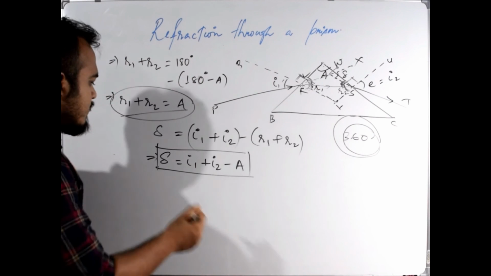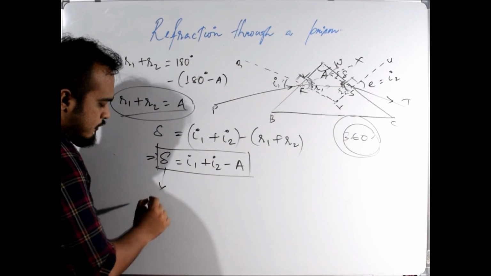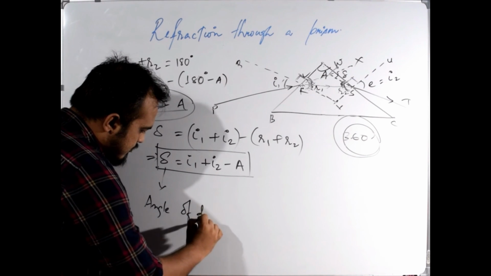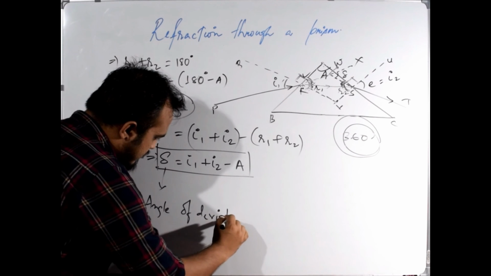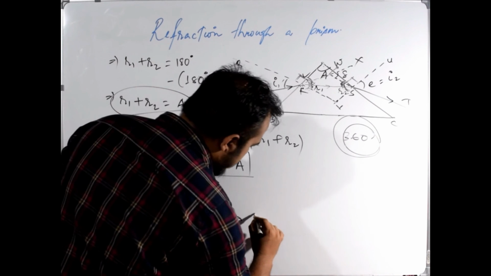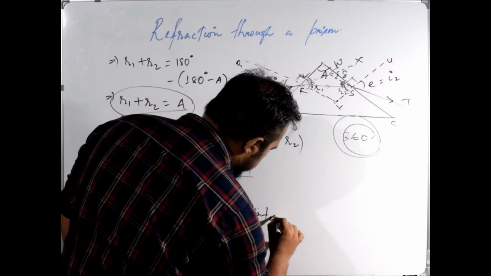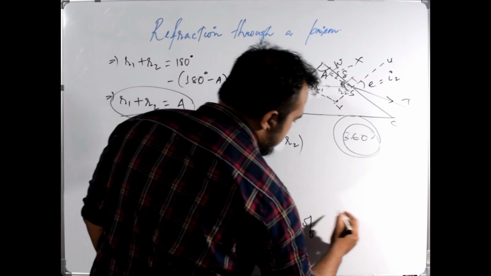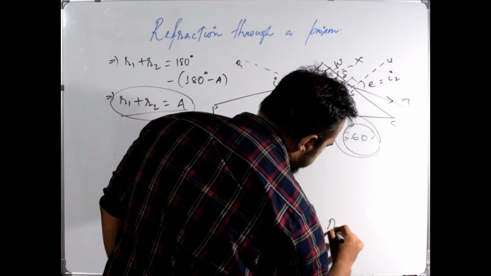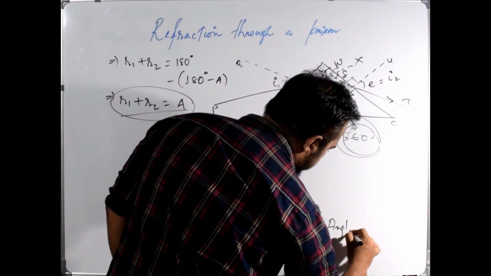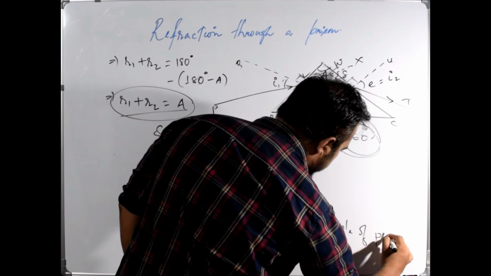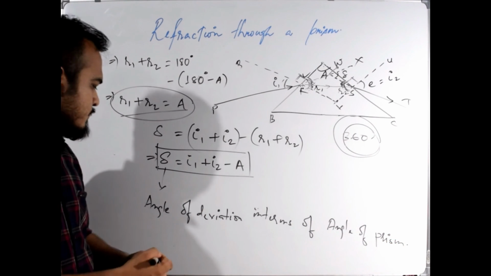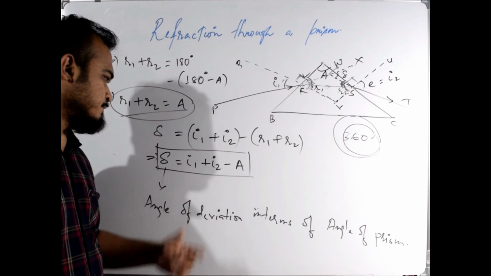So finally we have got the angle of deviation in terms of the angle of prism. This is the equation for angle of deviation.